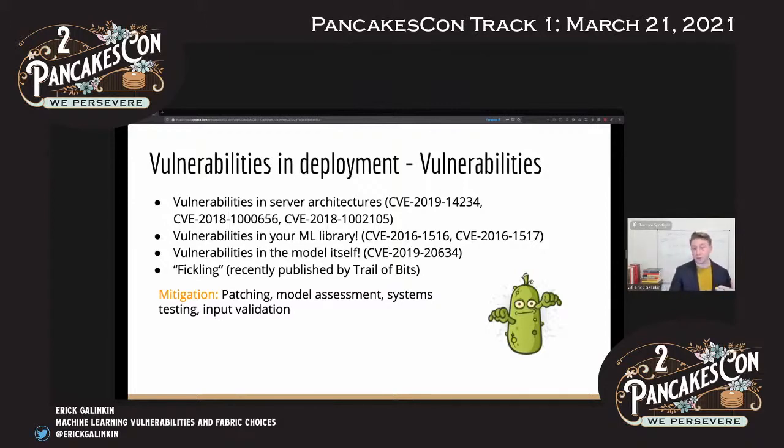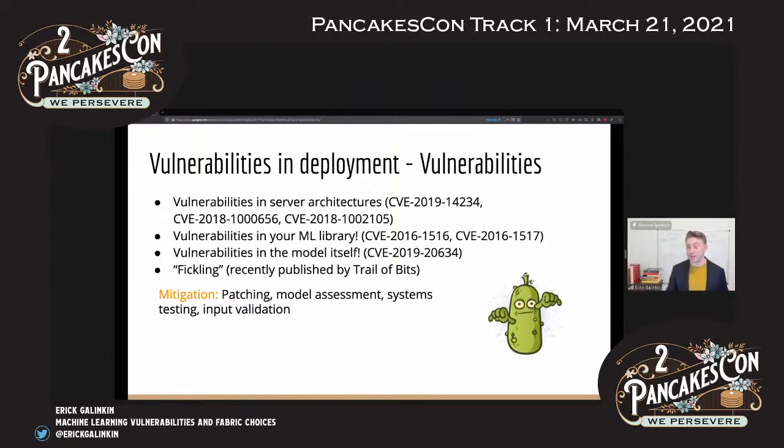So then you have to think about model assessment, right? Actually trying to pen test your models, trying to see if these Fickling attacks will work, or if the model itself is leaking information that could lead to it being bypassed. And then, of course, systems testing, right? Not just unit testing, but testing how everything works together, and input validation.